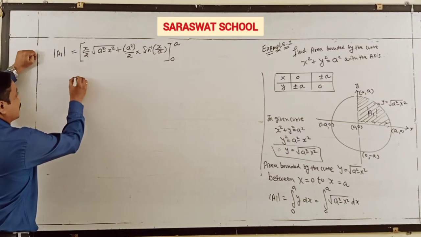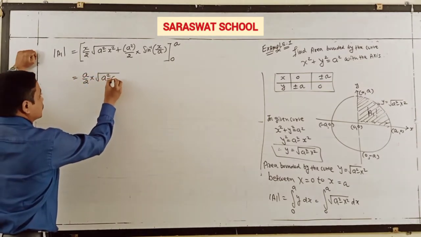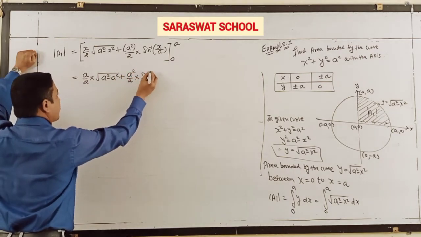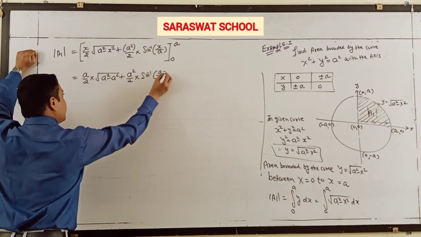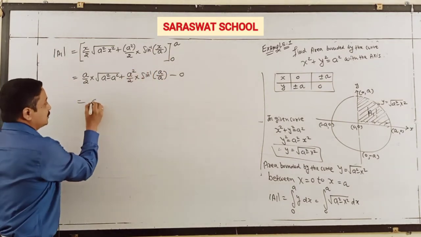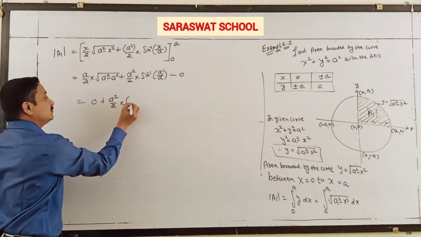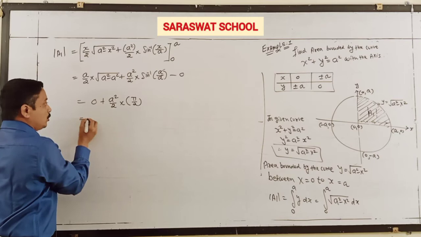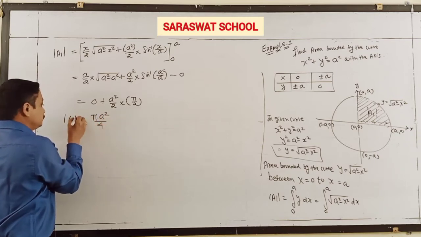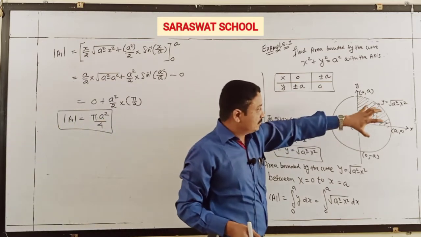Upper limit gives a by 2 times a square minus a square, which is 0, plus a square by 2 sine inverse a by a, and putting 0 gives completely 0. Sine inverse 1 is pi by 2. So you get pi a square by 4. That's your A1.